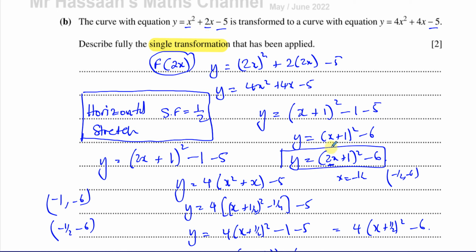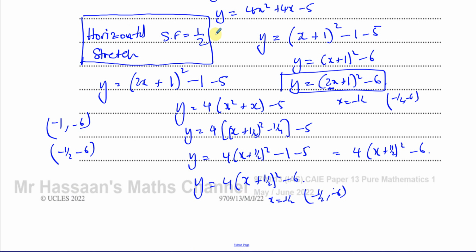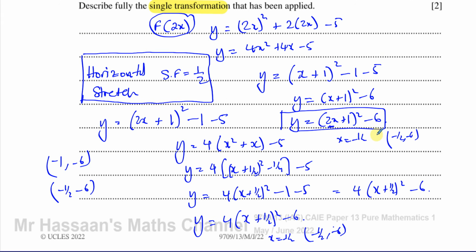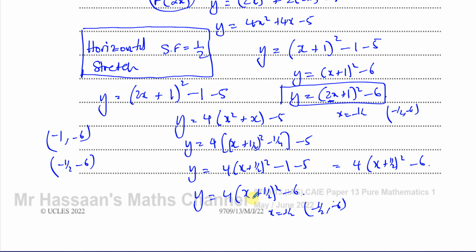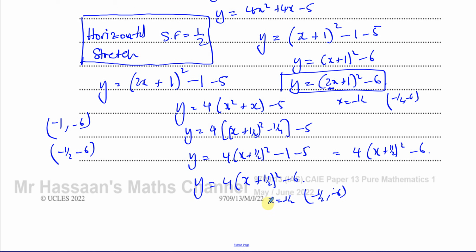But I'm just trying to elaborate a bit to show you how they actually end up, these are basically the same thing. Okay, and if you want to express this as a single transformation, then you say, okay, let's try to express this as like a 1 there. So you could try to do that by, for example, taking out a 4 here.